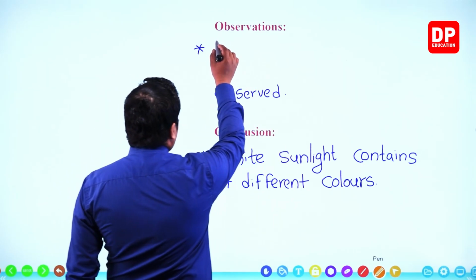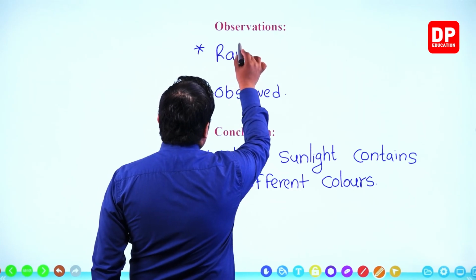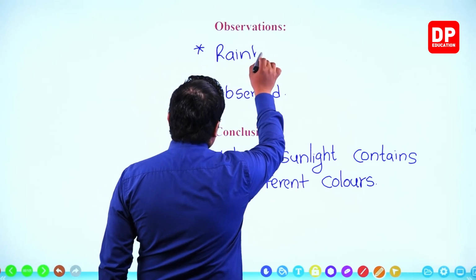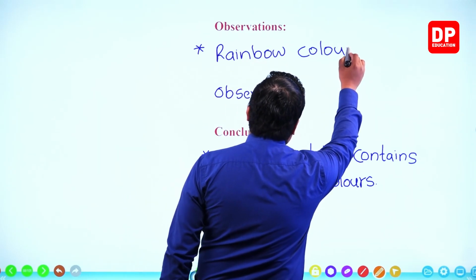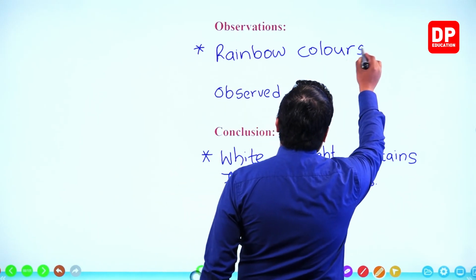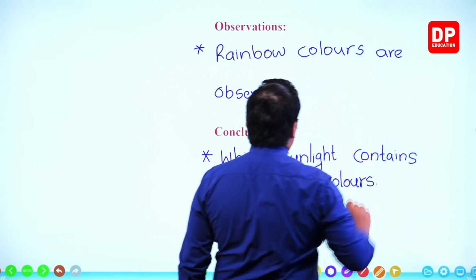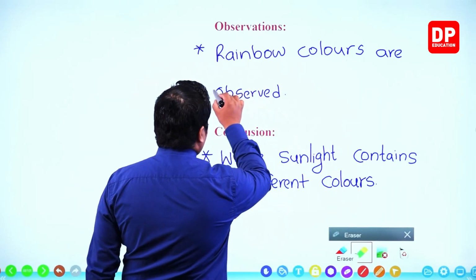So here we can write down: rainbow colors are observed.